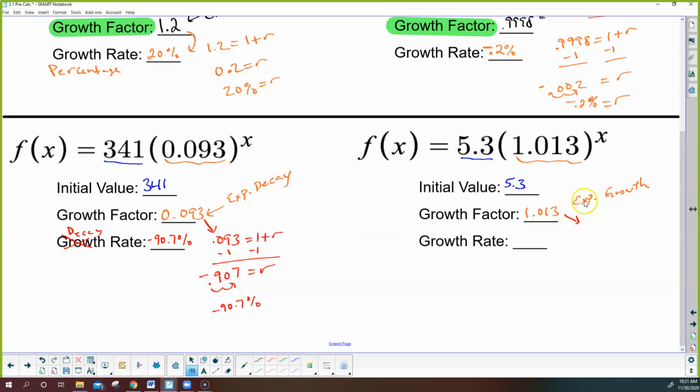So for the next one, we know it's exponential growth, but we can confirm that by taking this answer and subtracting 1, and then moving our decimal spot 2 spots to the right to get 1.3%. So I have a growth rate of 1.3%.